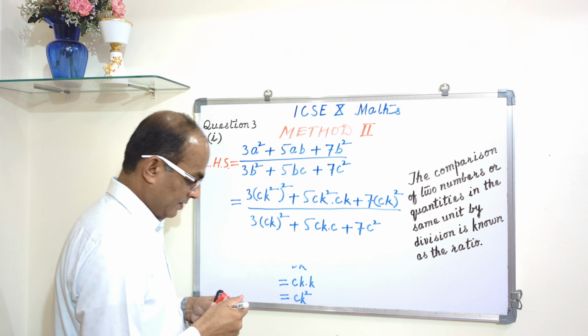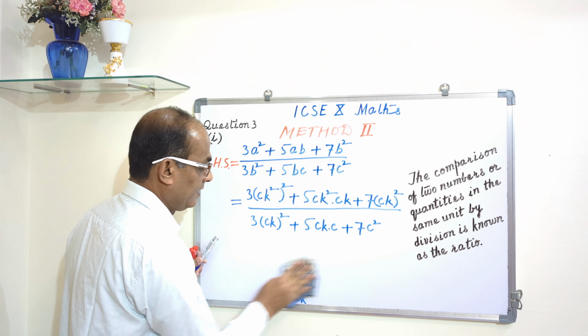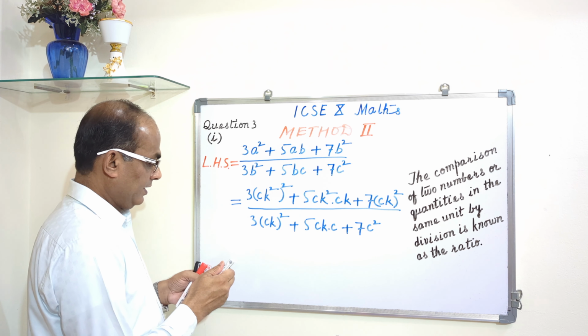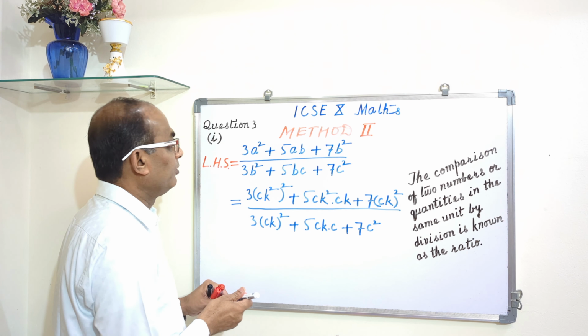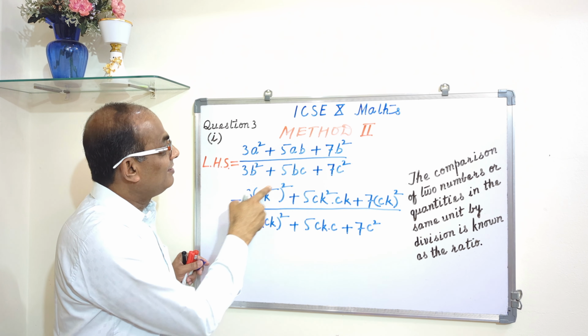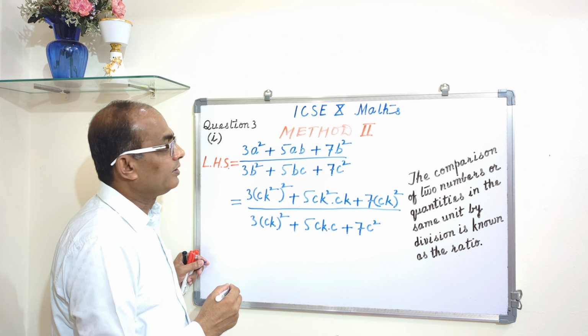Now let's see what we are getting. Look here. One more step you can write, which I am not writing. You can simplify. You can write 3c square k raised to the power 4.